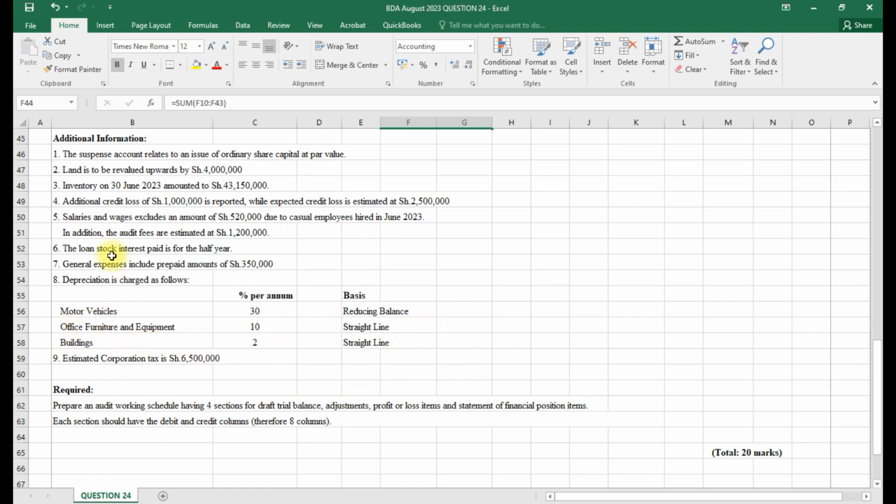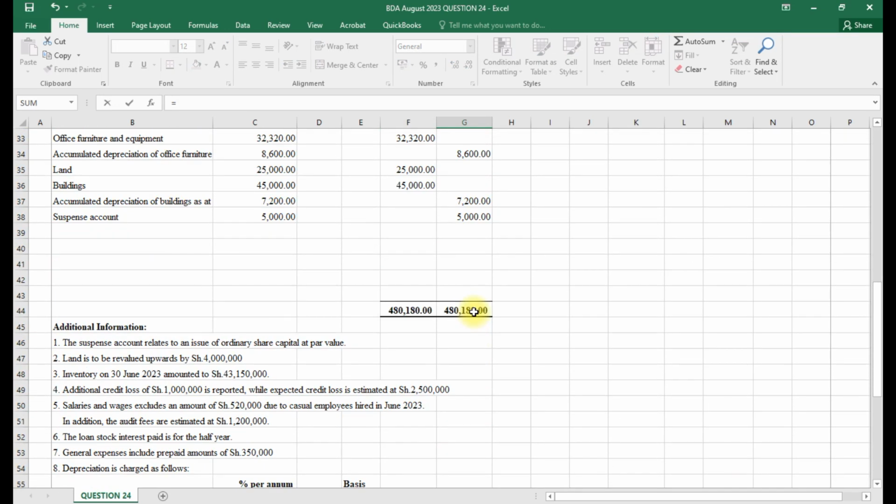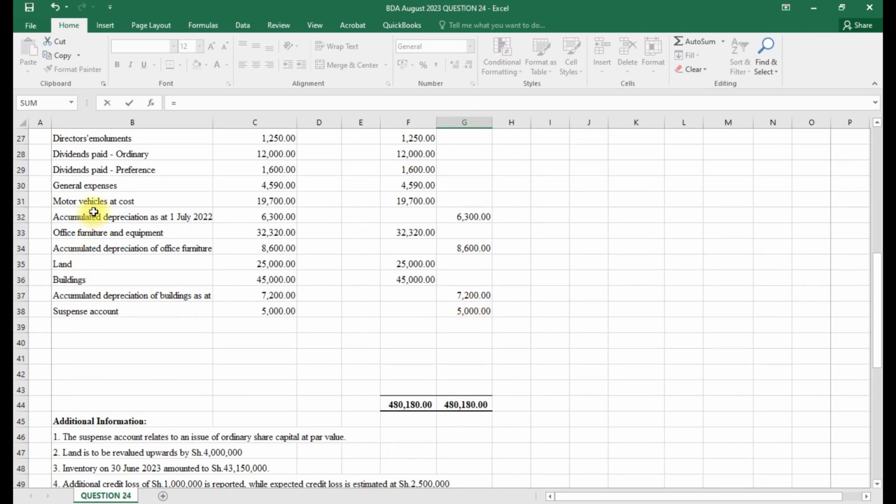So motor vehicle depreciation. Motor vehicle is 30% on reducing balance. I'll calculate it here. For the motor vehicle, we know the cost of motor vehicle was this.